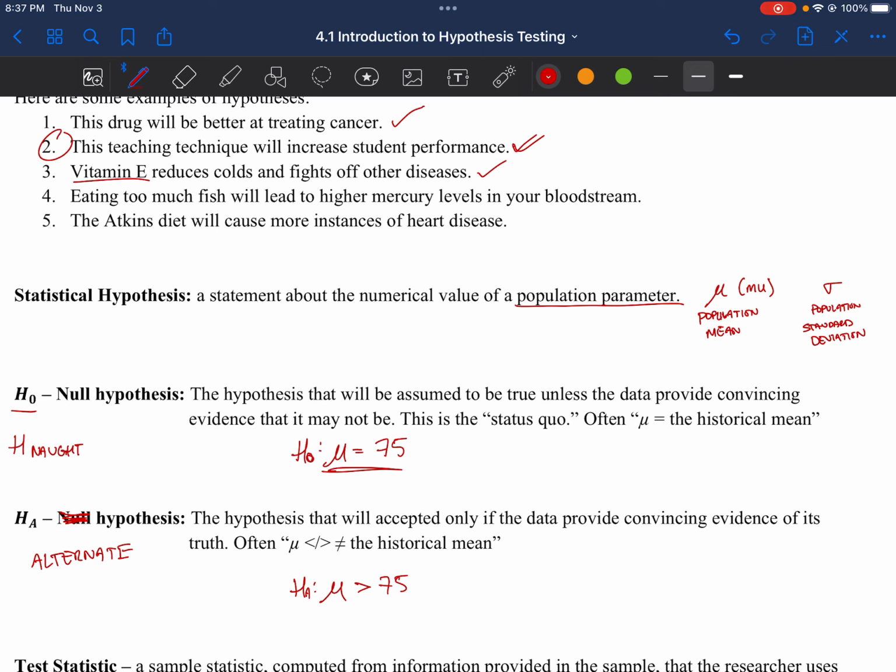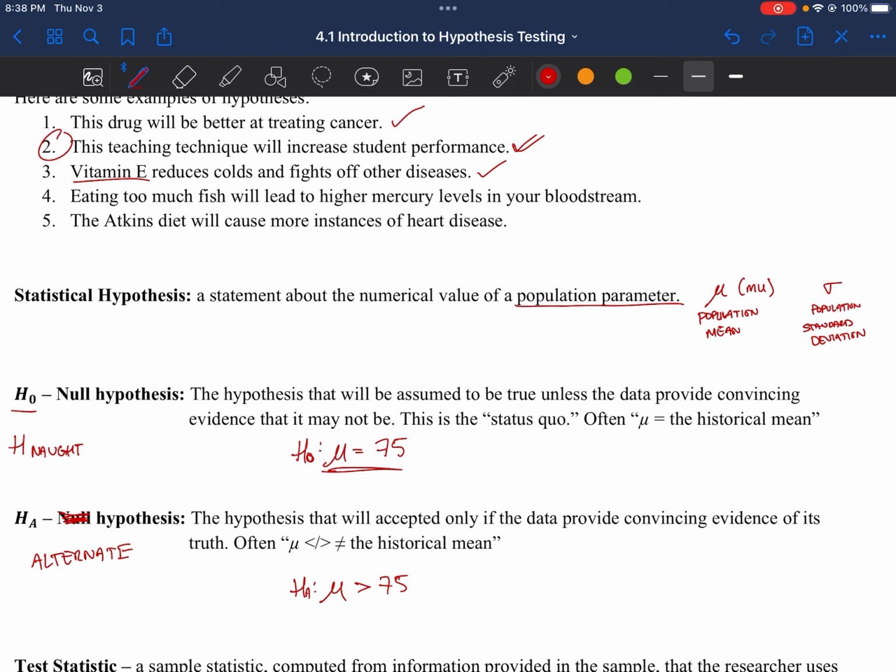Until you can prove otherwise, I don't think your teaching technique is doing anything. Maybe your sample of students are just higher achieving naturally in the grand scheme of chaos and randomness. You just happen to get a group of students that perform better than 75, but it's not statistically significant.